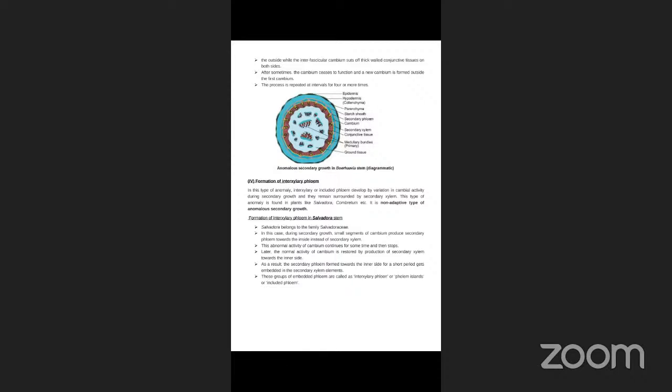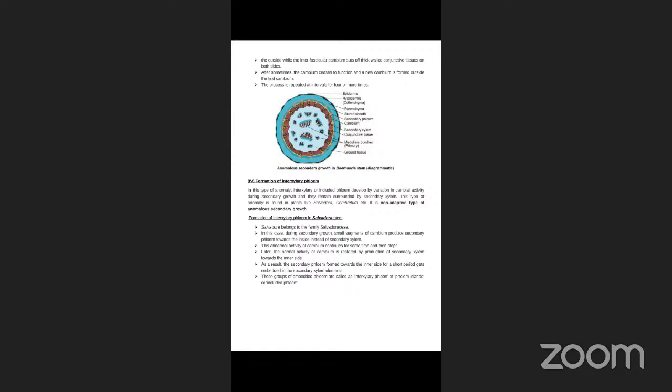The primary vasculature is diarch. The secondary growth is formed by cambium in the interstitial parenchyma. This is the beet root anomalous secondary growth.